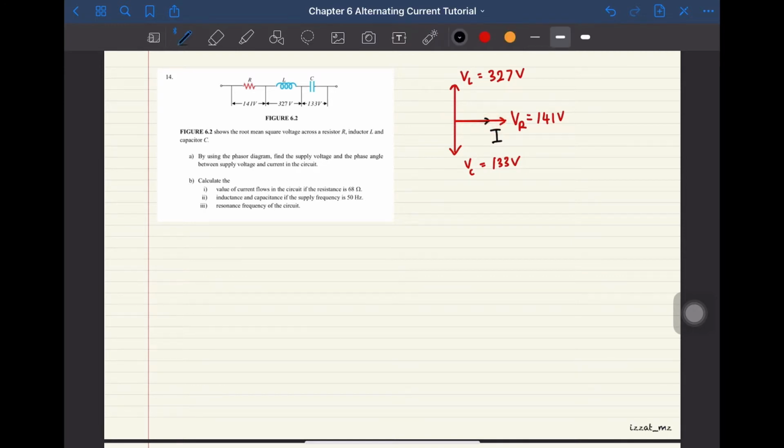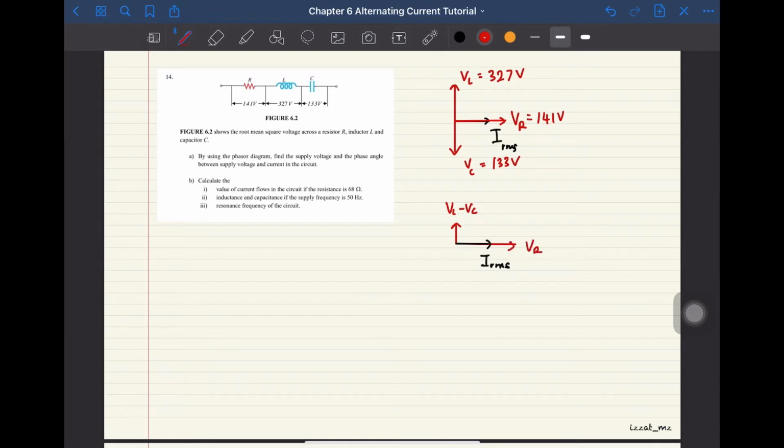So I'm going to draw it again. Now maybe I can minus VL with VC. The VR stays the same. So this is my IRMS, this is my VL minus VC, and this would be my VR.